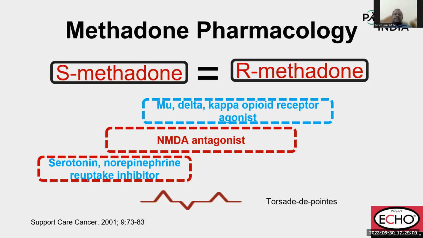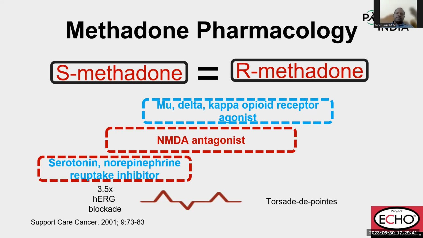Okay, and these three are beneficial, but there is another action in our body, which is the blockade of the human ether-a-go-go related gene channel. Okay, blockade of HERG, or human ether-a-go-go related gene channel. And this gene can be seen in smooth muscles, but is abundant in myocardium.